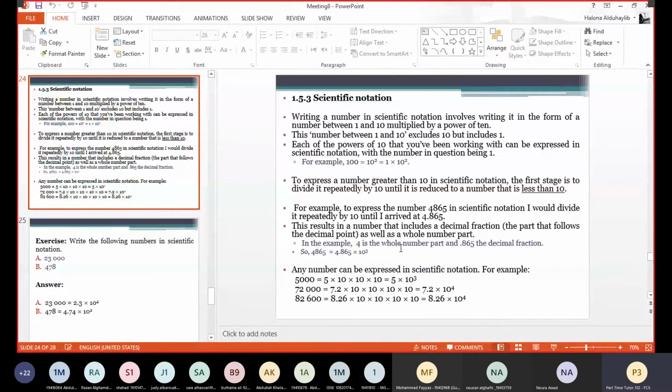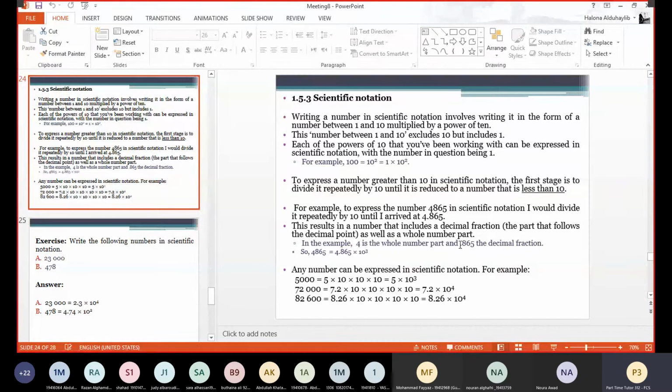This results in a number that includes a decimal fraction, the part that follows the decimal point, as well as a whole number part. You take the number 4, which in this example is the whole number, and then we get 0.865 as the decimal fraction.